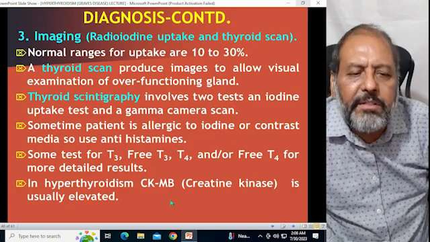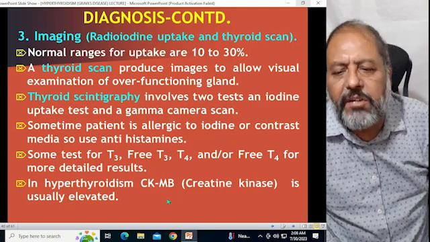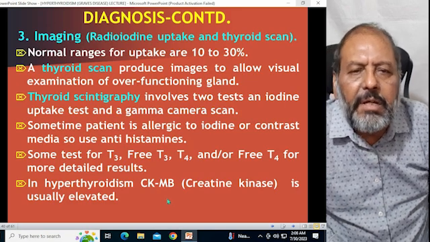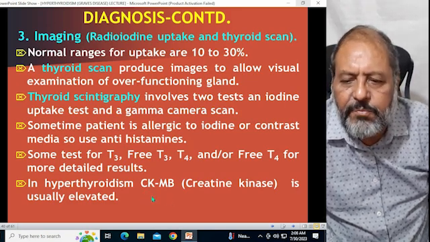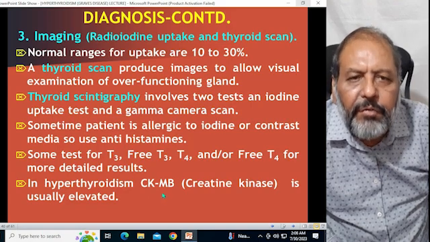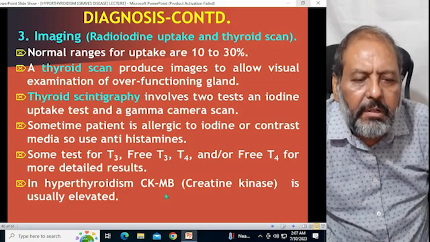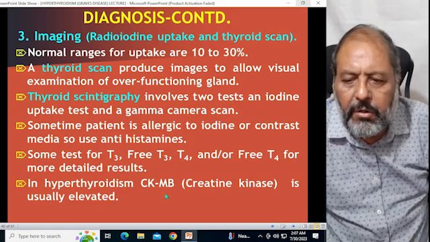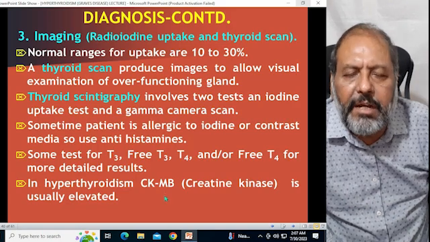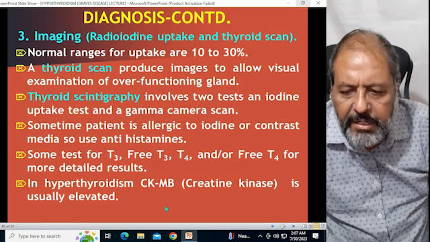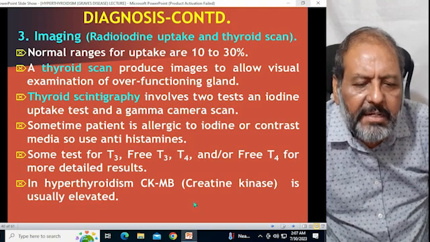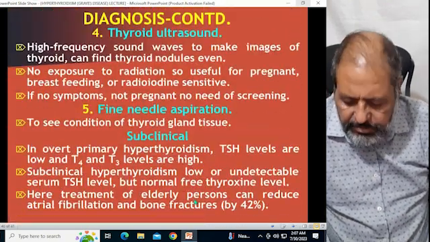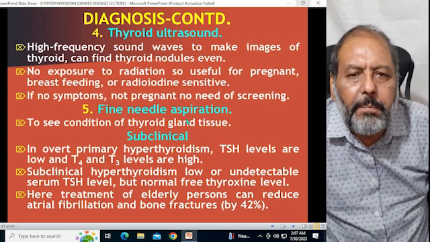Sometimes the patient is allergic to iodine or the contrast media, so we have to use an antihistamine as prophylaxis. Some tests for T3, free T3, T4 and or free T4 are measured for more detailed results, and in hyperthyroidism CKMB, that is creatine kinase, is usually elevated.